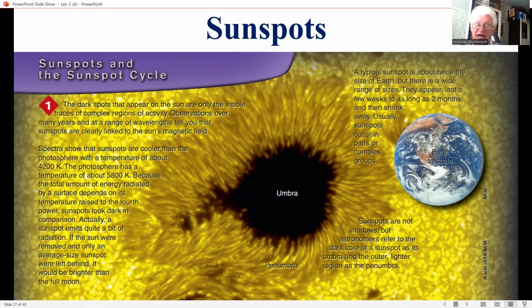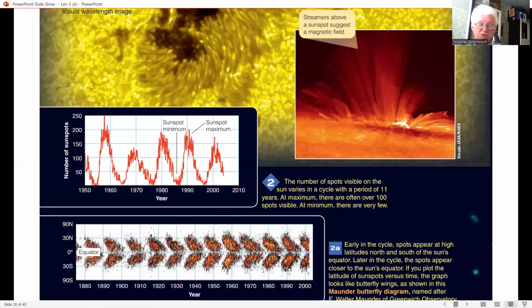Study sunspots and the sunspot cycle, and notice 5 important points and 4 new terms. First, sunspots are cool spots on the sun's surface caused by strong magnetic field. Second, sunspots follow an 11-year cycle, becoming more numerous, reaching a maximum, and then becoming much less numerous.